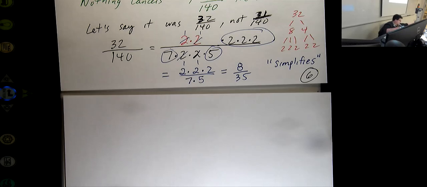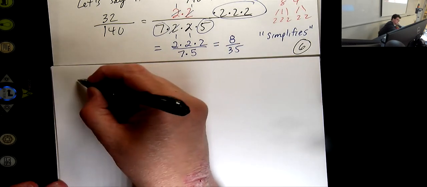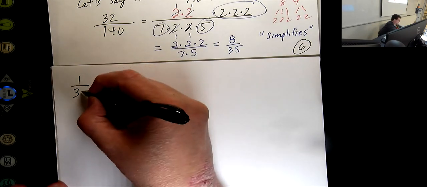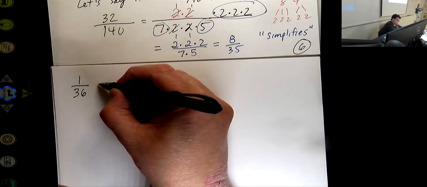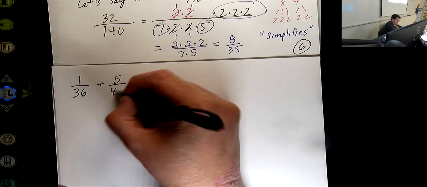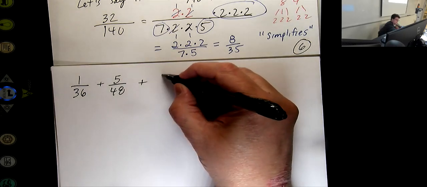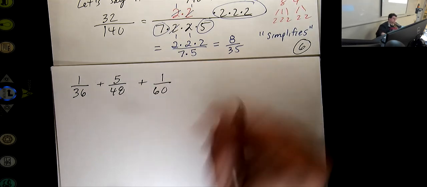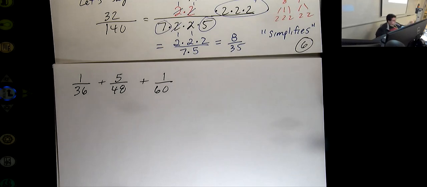I want to say we got 720. Yeah, we did. So let's say we're just going to add up 1 over 36 plus 5 over 48 plus 1 over 60. No need to make it crazy. It's already crazy with 3 fractions.